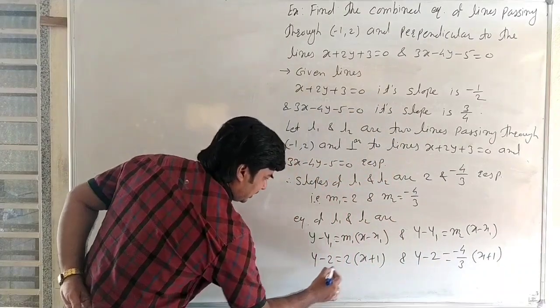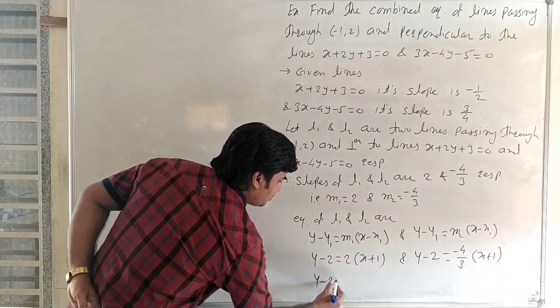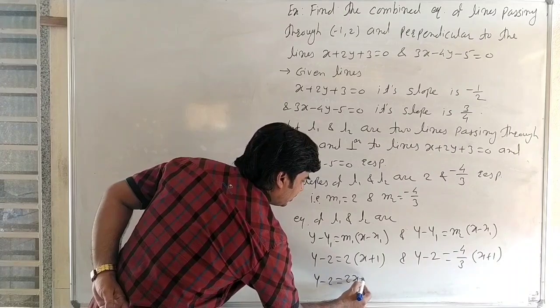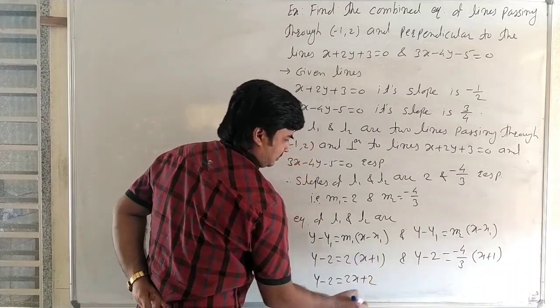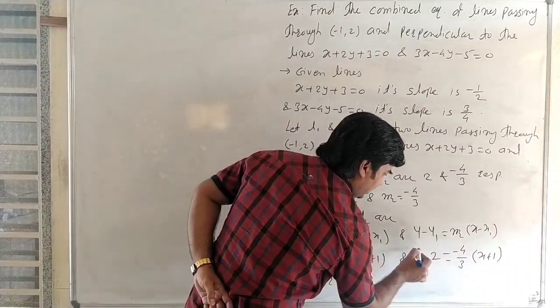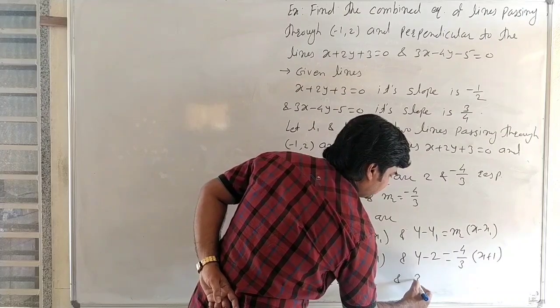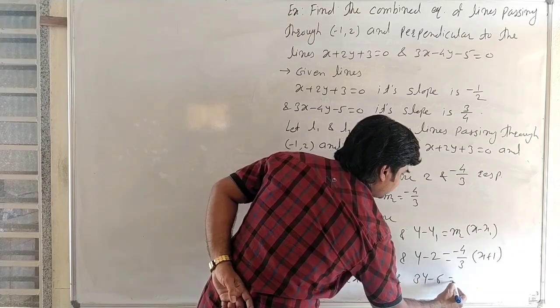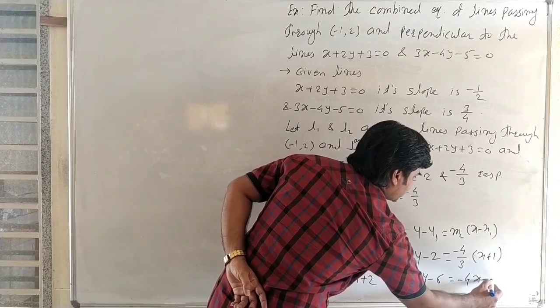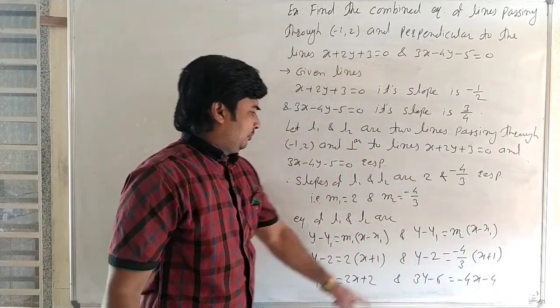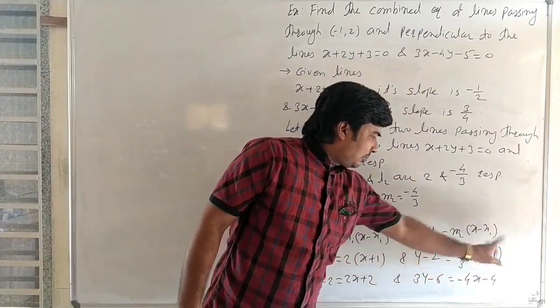Now, y - 2 = 2x + 2, and for the second, multiplying by 3, 3y - 6 = -4x - 4.